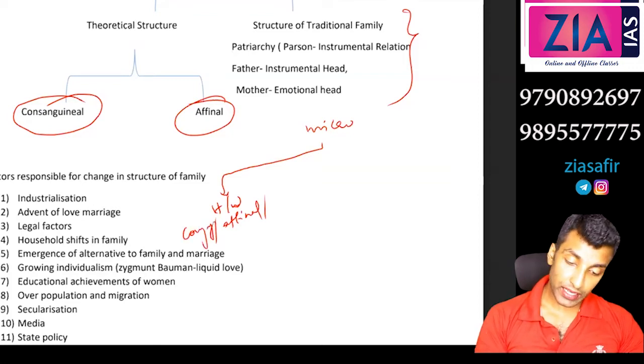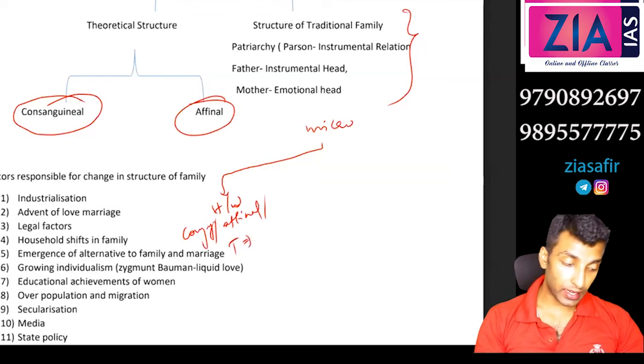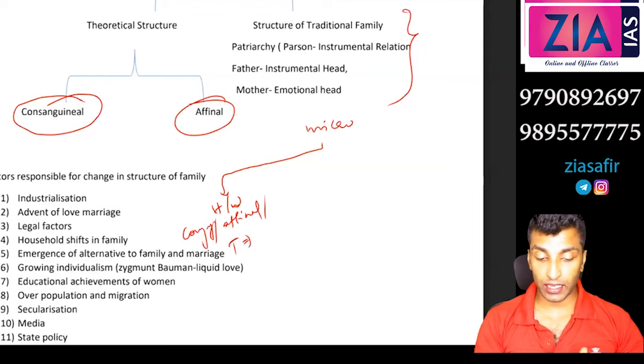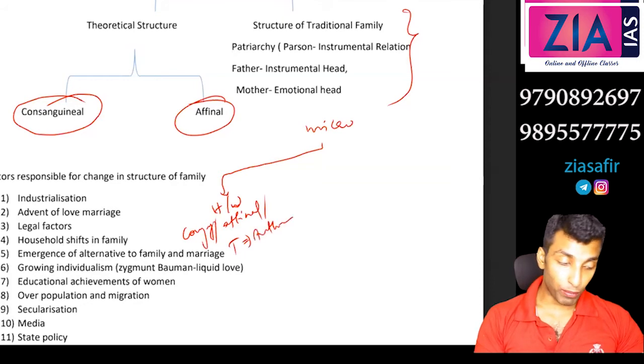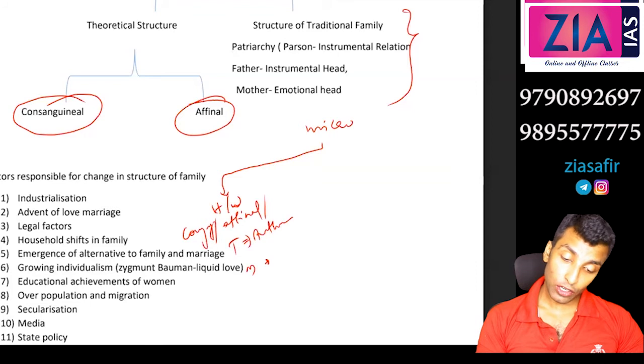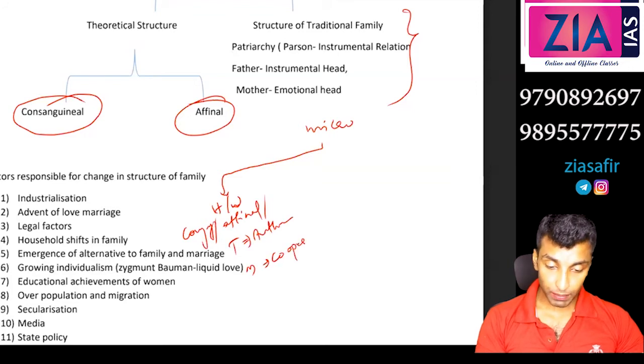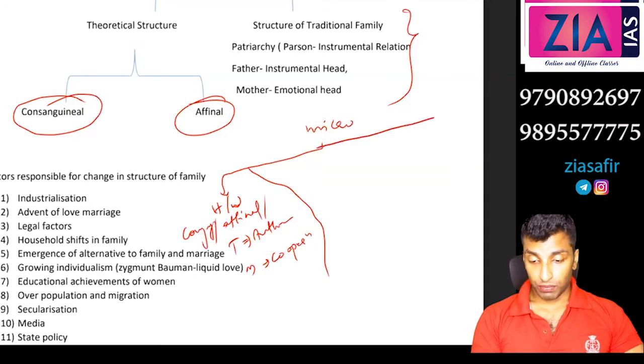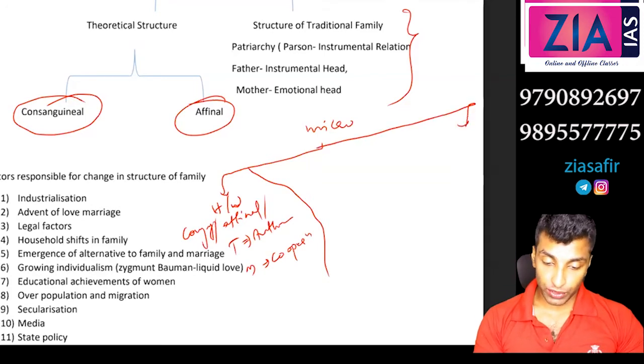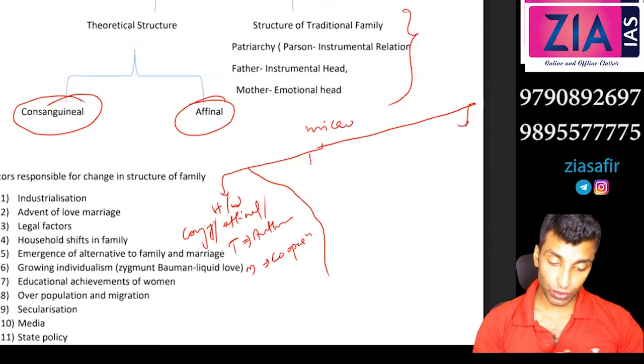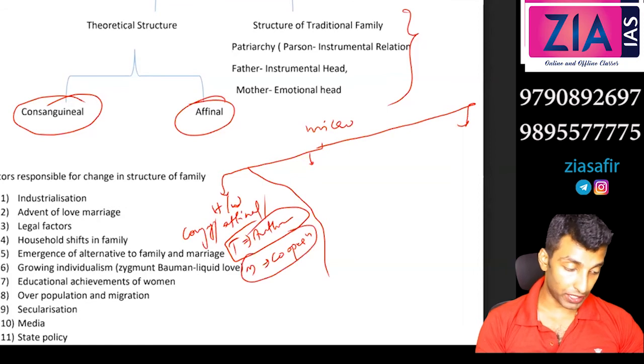In traditional society, I'm only writing T for traditional, the structure is like husband is authoritarian. So authoritarian structure. In modern society, it is cooperation. Please write it down along with me, whatever I'm saying. You won't find this in the textbook. So husband-wife, conjugal or affinal relation. Traditional society, authoritarian. Modern society, cooperation.